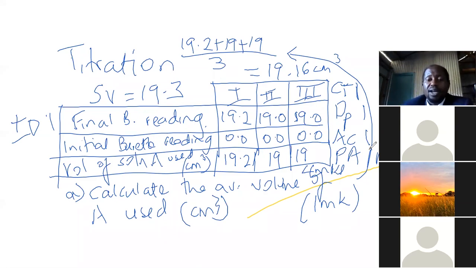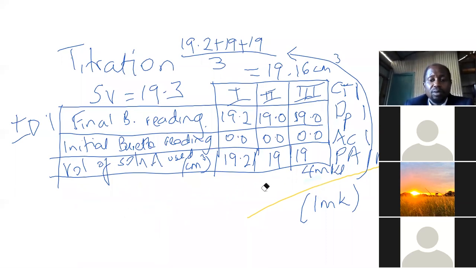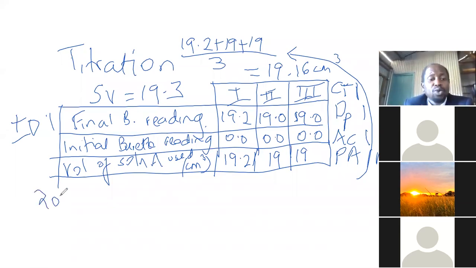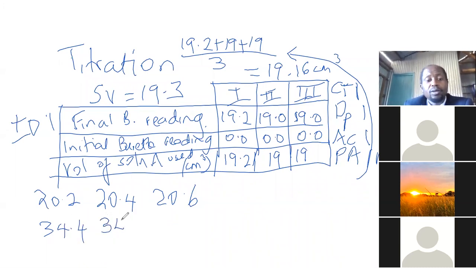So I want to give an example of different sets of values. For instance, 20.2, 20.4, and 20.6. That is a first set. Another set, 34.4, second set.